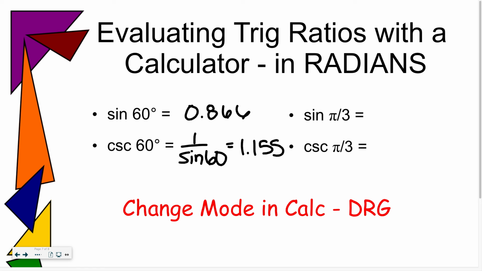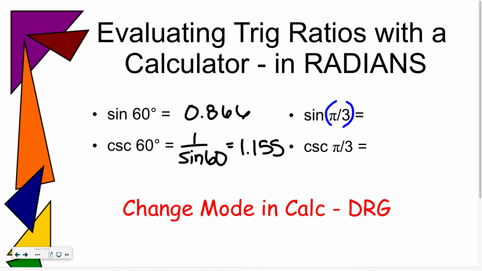Did you hit mode? Oh, okay. We want to do the sine of pi thirds. Well, I tried that too, but it didn't. So it should be like that. I tried that too. Try it again. And go back to the mode again. So you're in the mode. Anybody else having trouble getting their answer? There's a pi button on your calculator. It is right there.